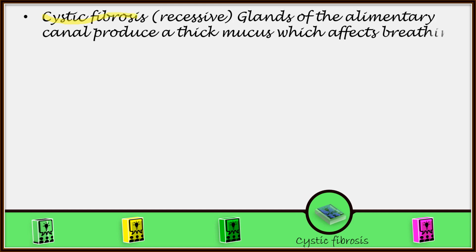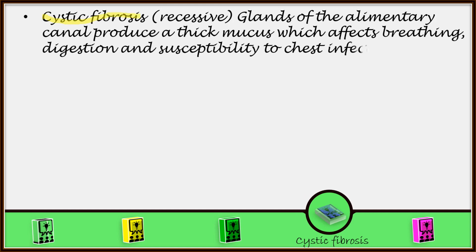Cystic fibrosis is recessive. The glands of the alimentary canal produce thick mucus, which affects breathing, digestion, and susceptibility to chest infection.